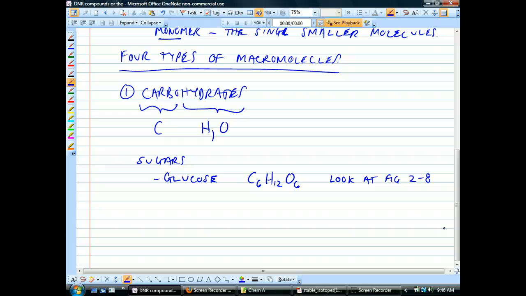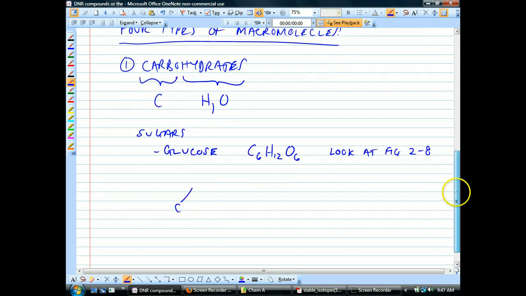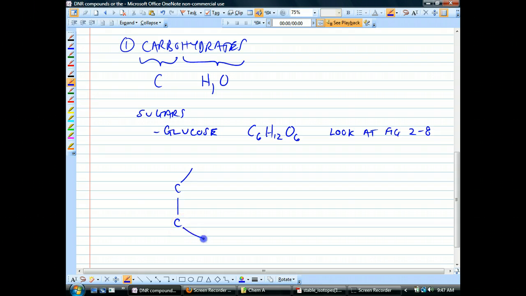So actually, your book. Let me just draw this, that way that makes sense. Let me draw a picture of it for you in here. The picture your book has is a little bit confusing. It's like a ring of carbons, but at one corner of the ring, instead of a carbon, there's an oxygen.